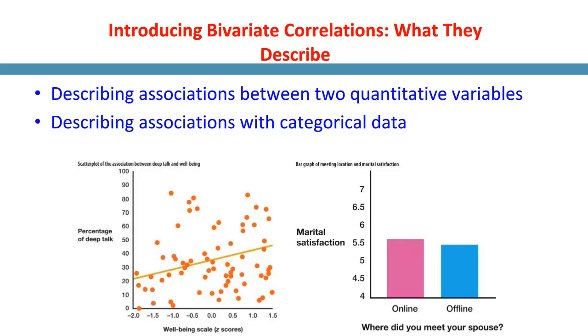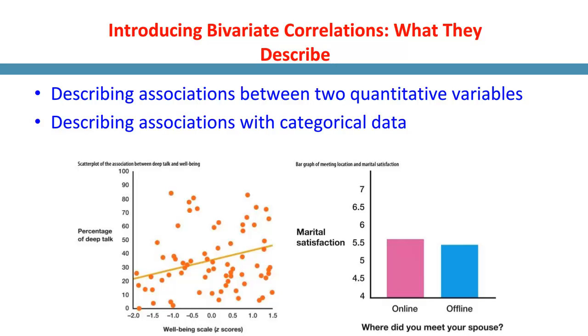You could also look at marital satisfaction by how people met, whether they met online or offline, and that's what this bar graph here on the right is showing. You can see there's a slightly stronger relationship between marital satisfaction and how you met when you meet online. Your textbook talks about this as an option.